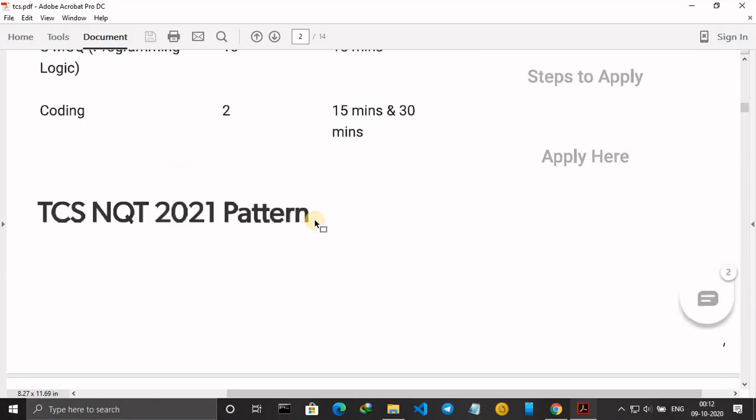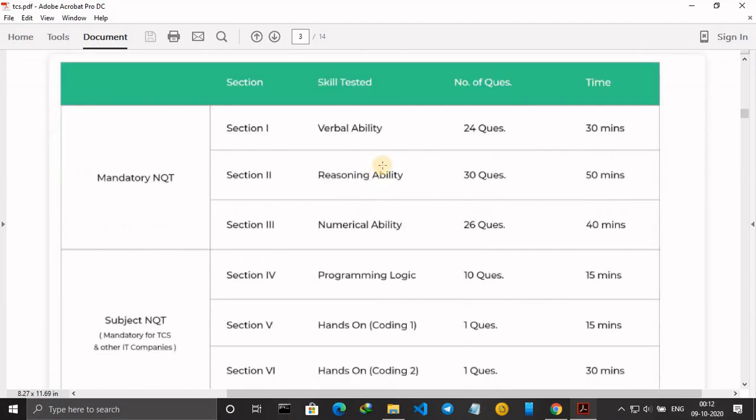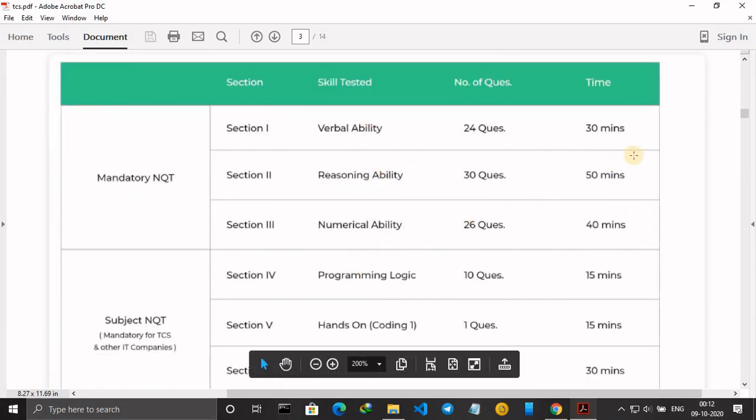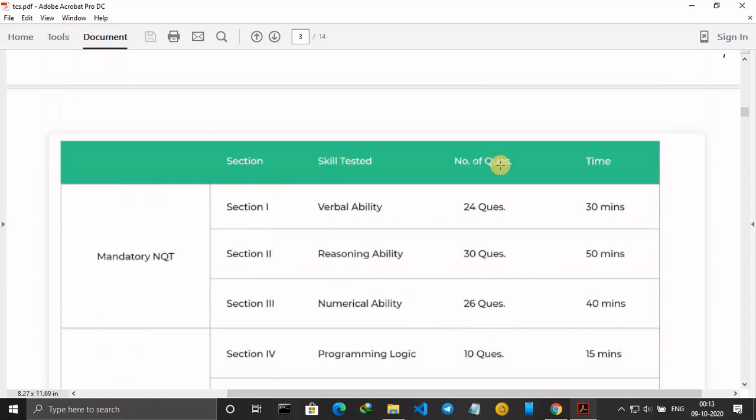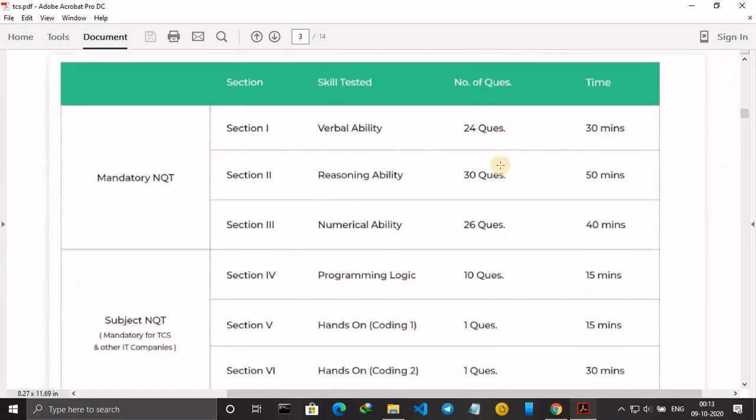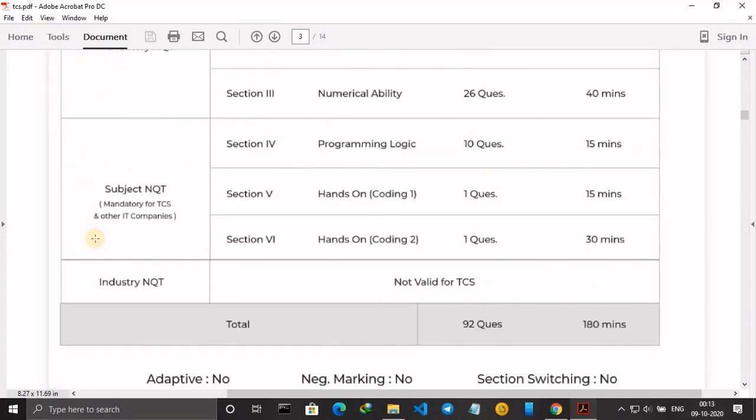If we talk about the TCS NQT 2021 pattern, here you can see the mandatory NQT pattern sections. First, verbal ability has 24 questions, as we discussed in the previous slide. Subject NQT is mandatory for TCS and other IT companies.